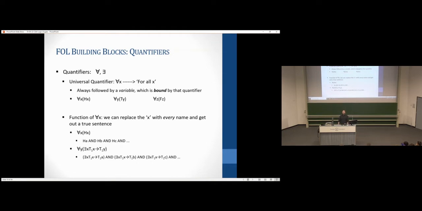It's bound to it. What we really mean by that is that the quantifier is telling us how we can replace that variable. For the upside down A, it's telling us you can replace this variable with everything. It doesn't matter what you pick. You can replace the relevant variable with that thing and you're good.